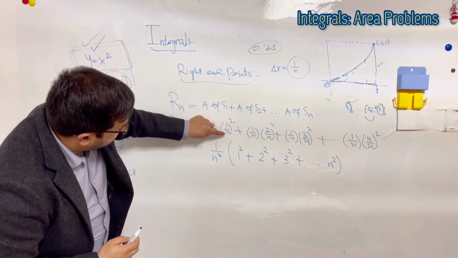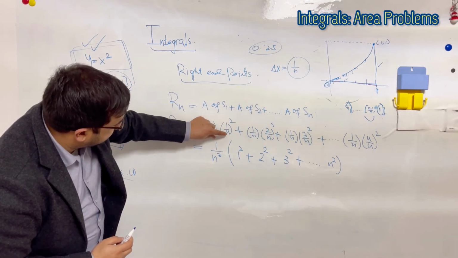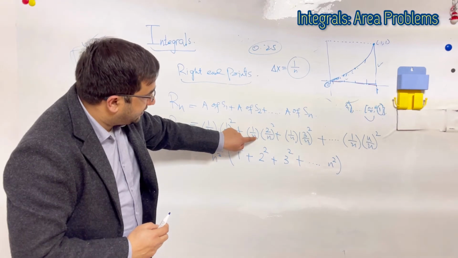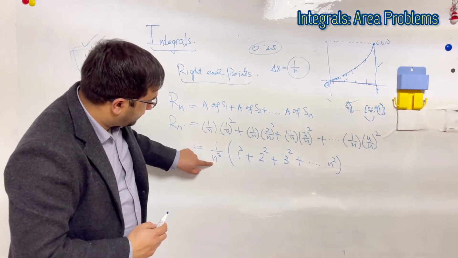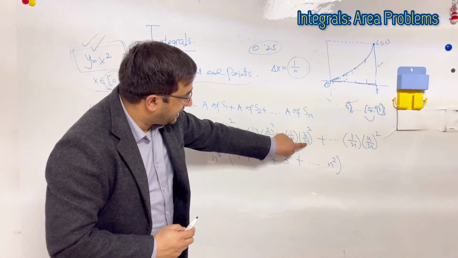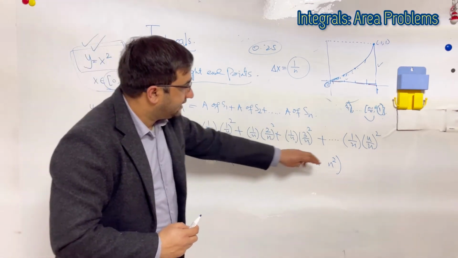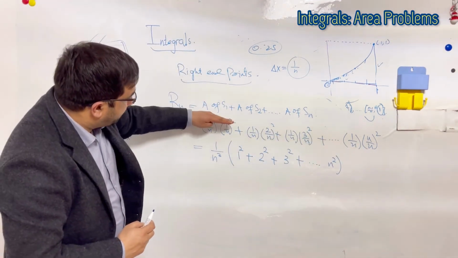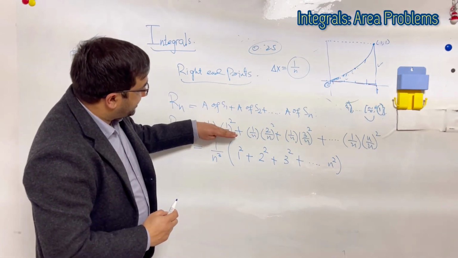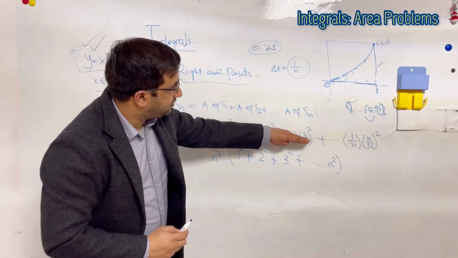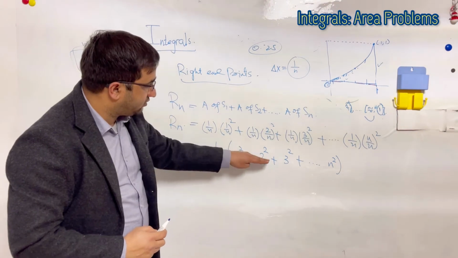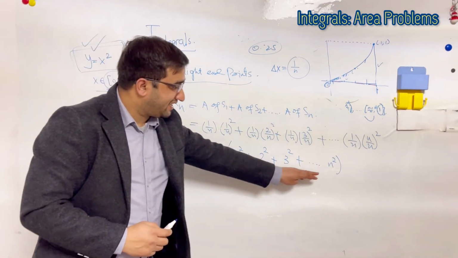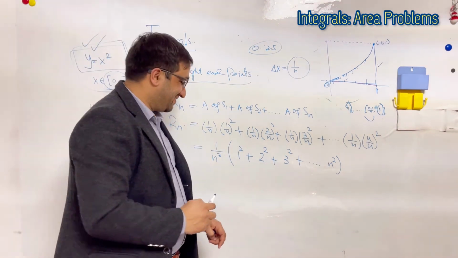When you open this square, it is n square into this n, it becomes n cube outside. n square into 1, n cube outside. So the bottom is taken outside as a common. Now the upper floor, 1 into 1 square, 1 into 2 square, 1 into 3 square, that is simply 1 square, 2 square, 3 square to n square. Is it okay? Yes.